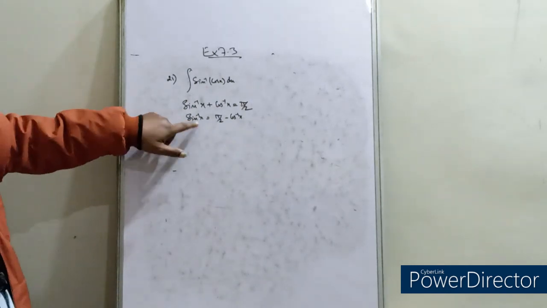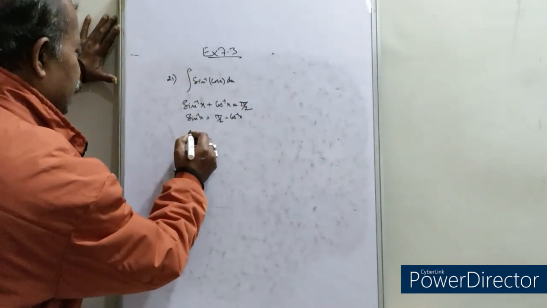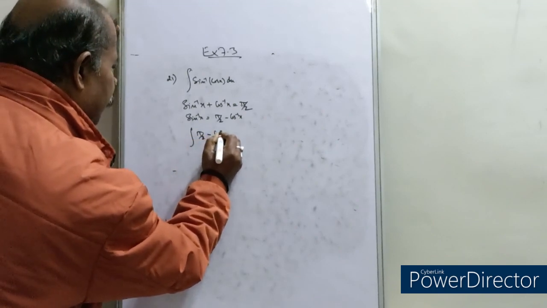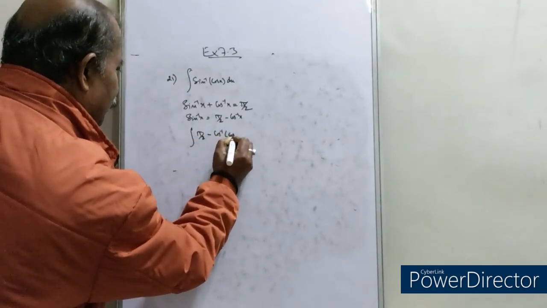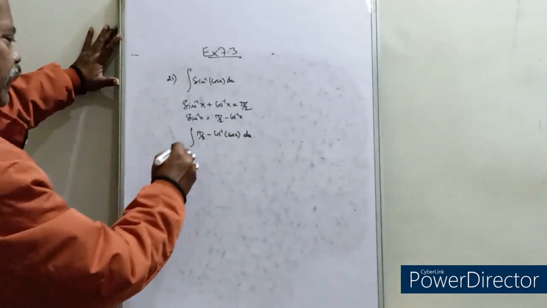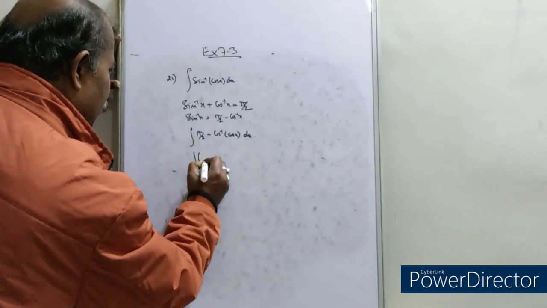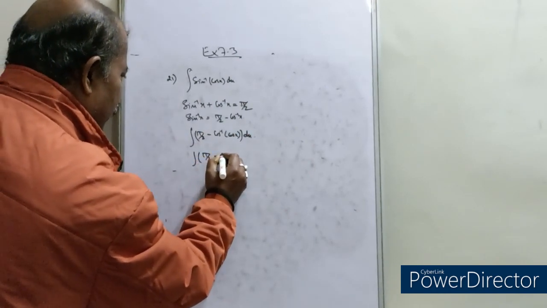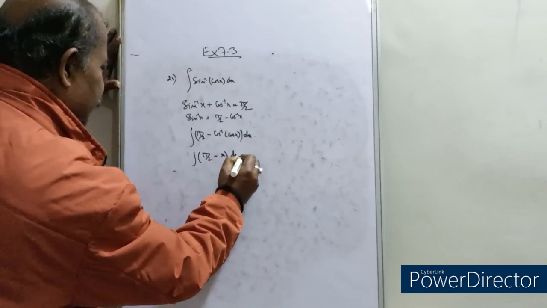So here I am going to apply this formula. So this becomes pi by 2 minus cos inverse cos x dx. So here cos inverse cos x is x. So this will be equal to pi by 2 minus x dx.